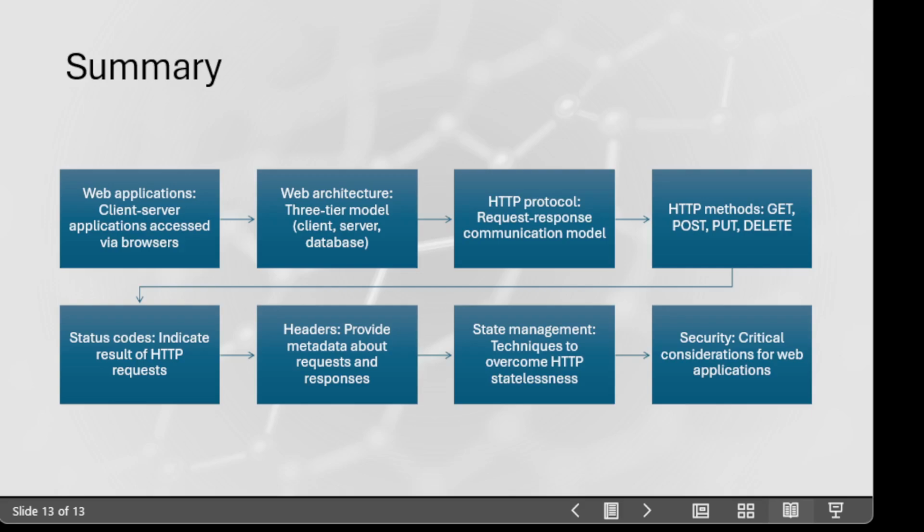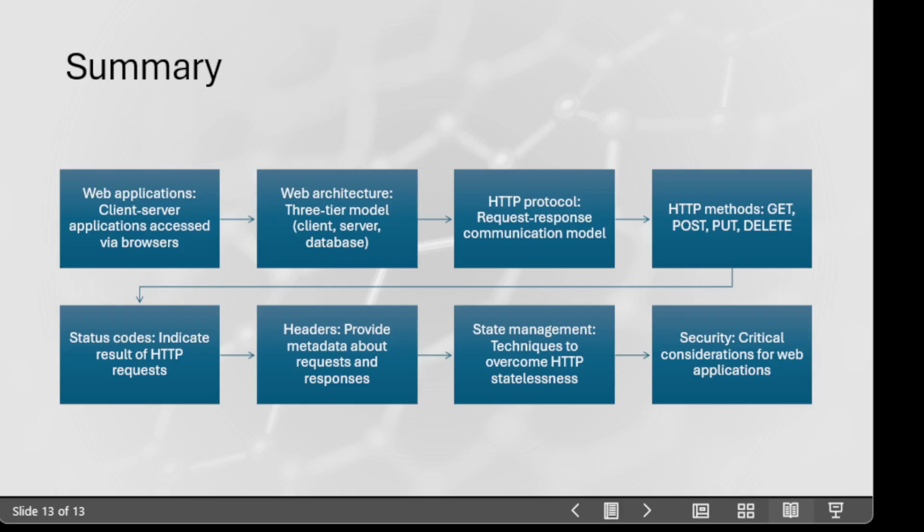We have examined the key components of HTTP: methods like GET, PUT, POST, and DELETE that indicate the desired action, status codes that communicate the result of the request, headers that provide metadata about requests and responses, and content type that specifies the format of the data.